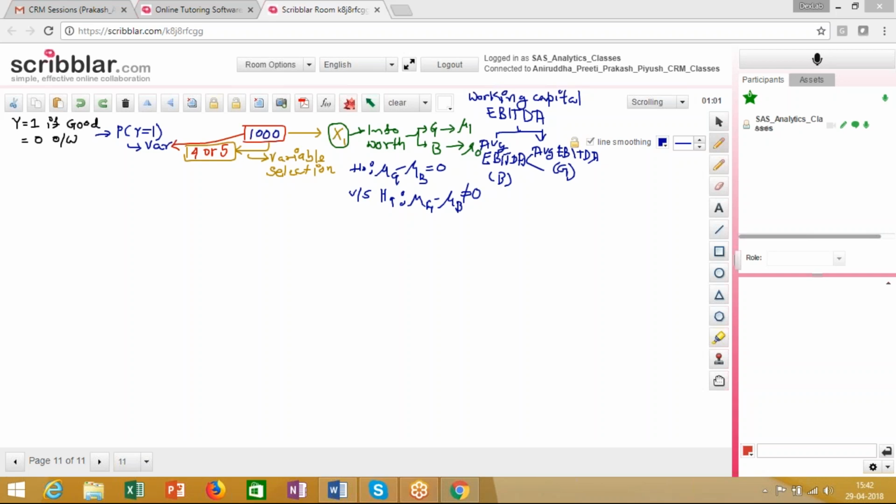Now the question that comes out is why do I create segments? Why is segmentation done? Segmentation is done in order to identify homogeneous groups of populations. What I want to identify through segmentation is homogeneous groups of loans, right?